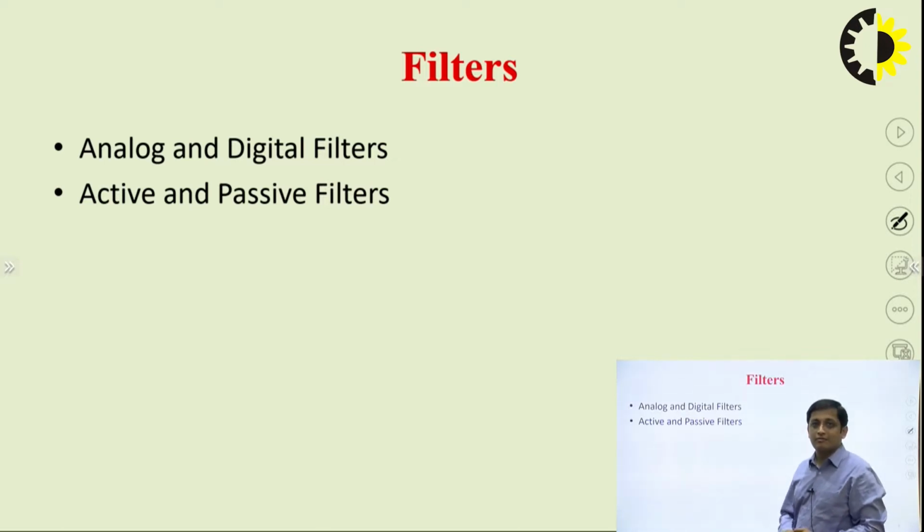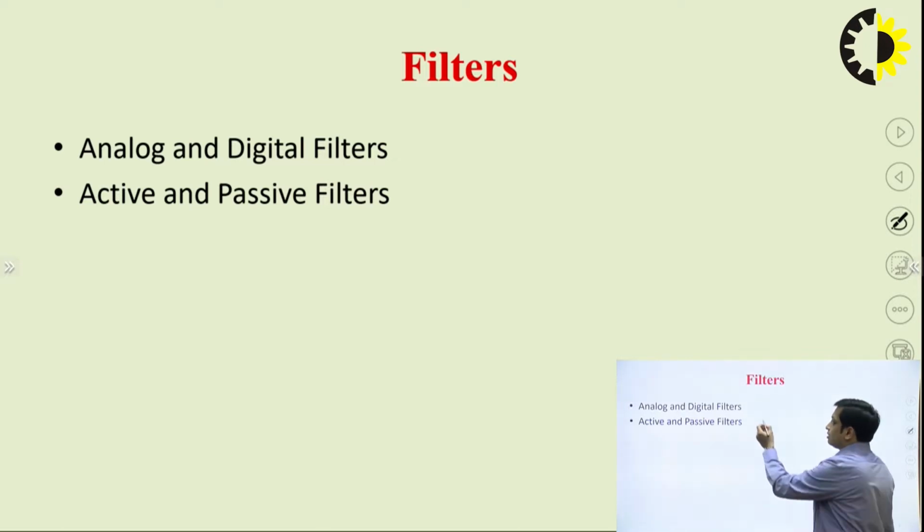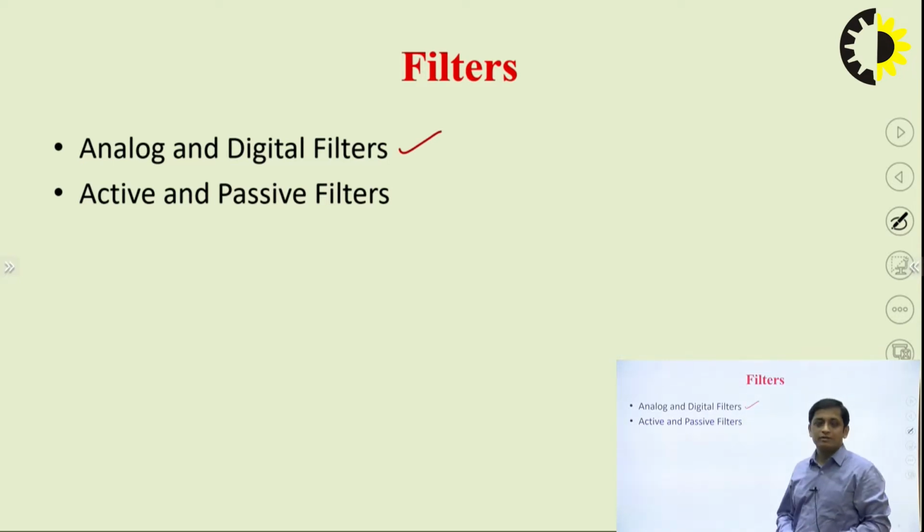The first classification is based on the techniques, that is analog and digital filters. Analog filters are those filters which are used to process analog signals. Digital filters also process analog signals, but they process them using digital techniques.